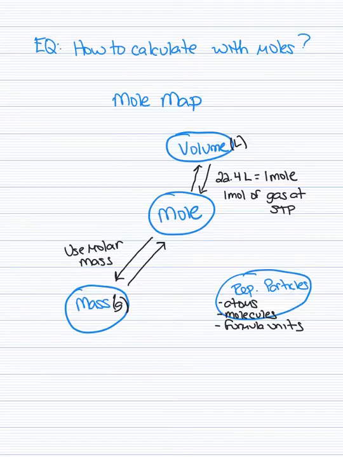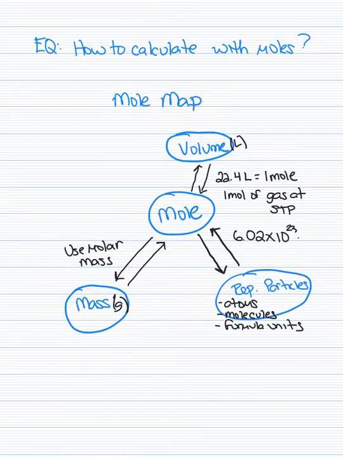And to go from moles to representative particles or from representative particles back to moles, we are going to know that there are 6.02 times 10 to the 23rd representative particles in 1 mole. So therefore there are 6.02 times 10 to the 23rd atoms, molecules, or formula units in 1 mole.